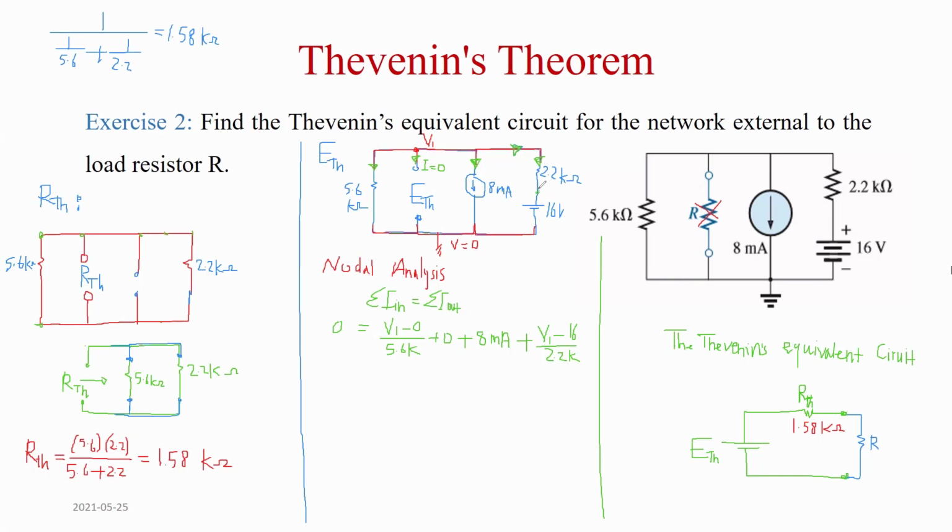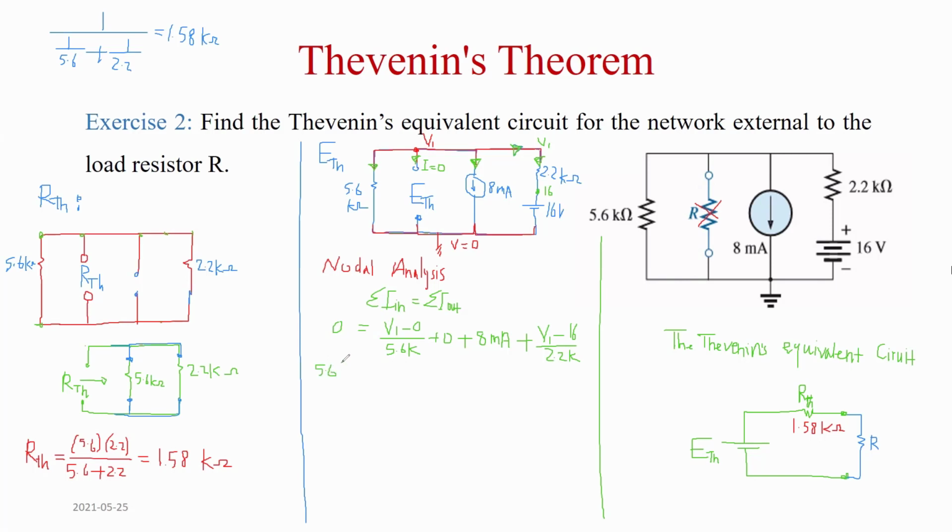So the voltage here is 16. The voltage at this side is V1. The voltage across the resistance is V1 minus 16, divided by the resistance gives you the current. Now I can multiply by 5.6K, for example.